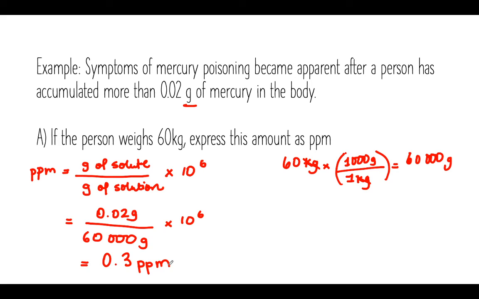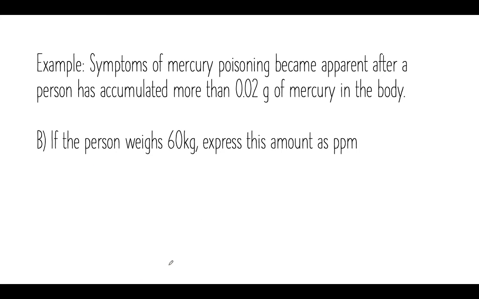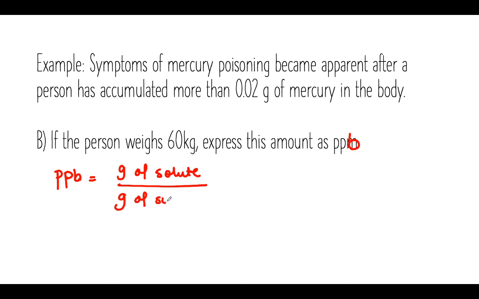All right, now we're going to look at this exact same problem, but they want us to express it as ppb. So if we were to express this same ratio as ppb, we would just use the parts per billion formula. The parts per billion formula tells us grams of solute over grams of solution, times 10 to the power of 9. Again, I just want to be consistent with my units, which is why I'm using grams.